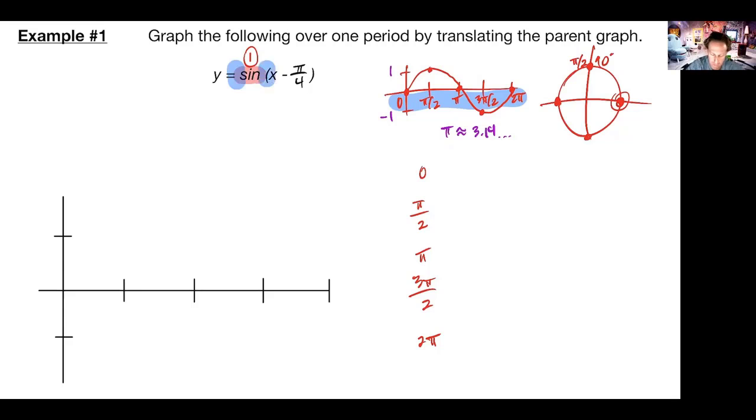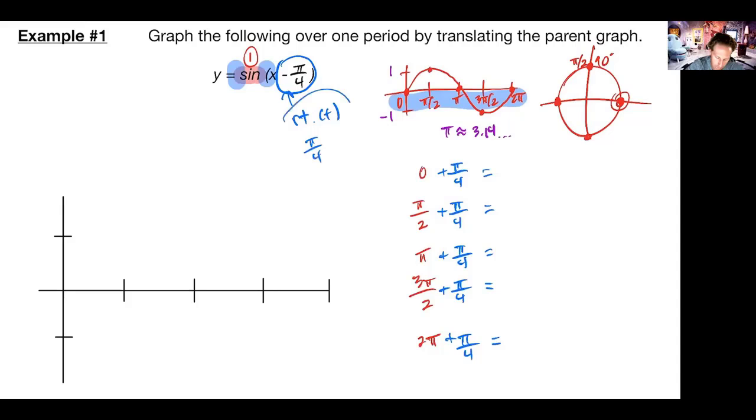So since it was just added or subtracted, remember, for x's, since it is being done to the x, we will do the opposite. That means to our 5 key points, we will simply just add pi over 4. And that would then give us our new graph shifted to the right, or positively pi over 4.